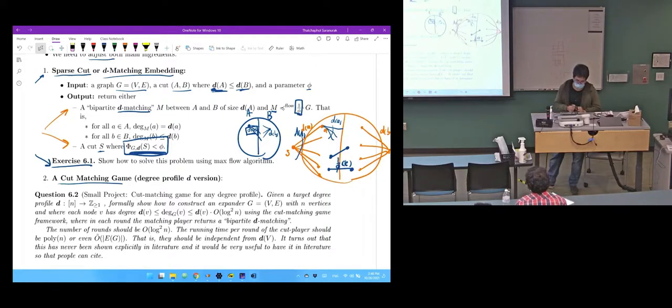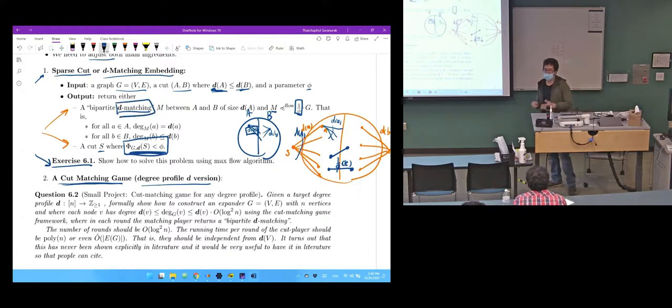Okay. So this is how you would adjust the first ingredient. How about the second ingredient? Well, you just need to set it so that the cut matching game should work when in each round, instead of a matching, you get a D matching. This is what you need to work with.